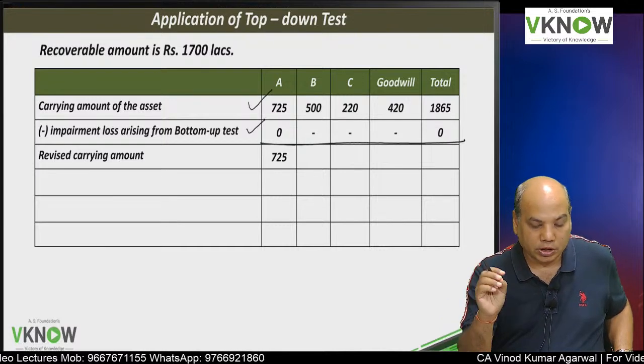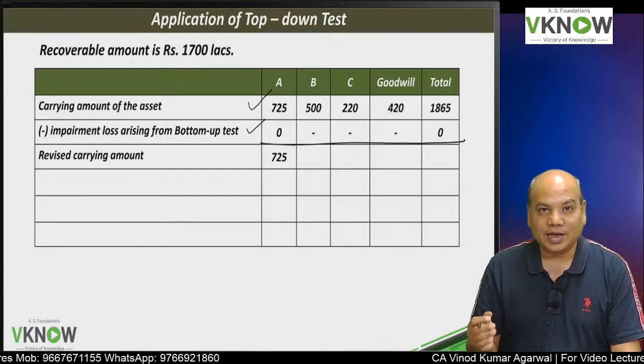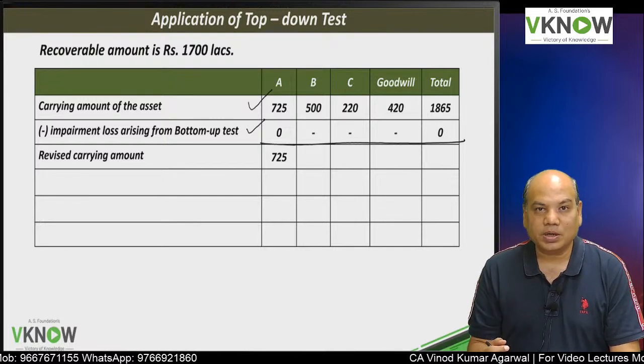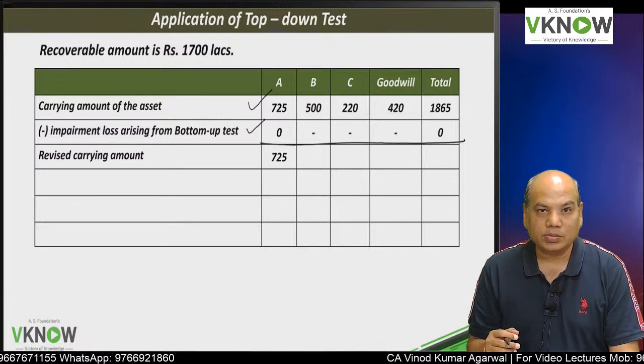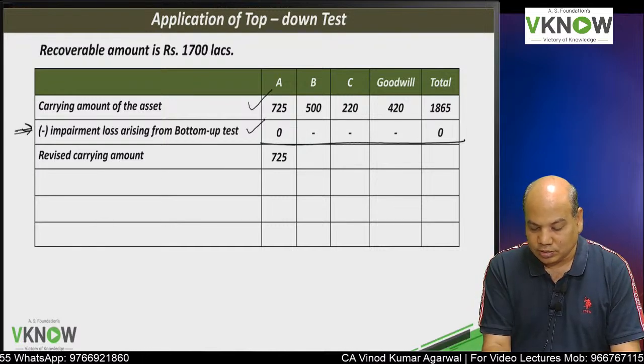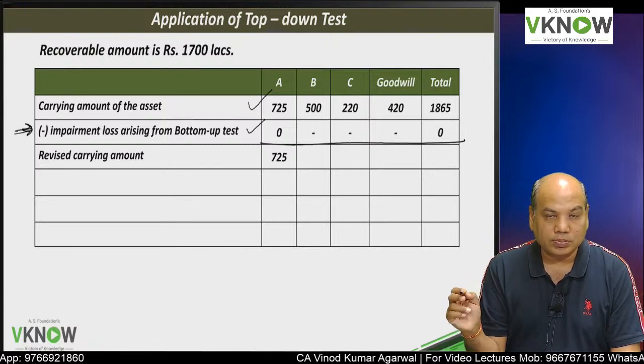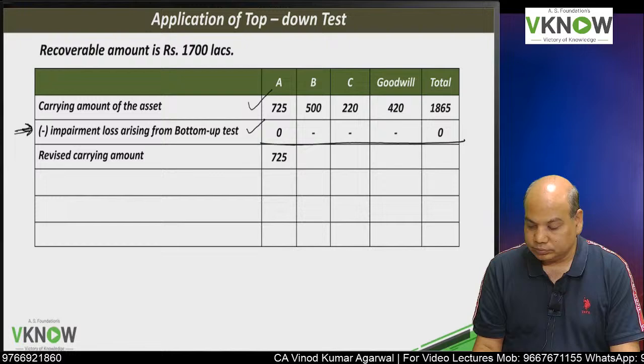In this problem there is no impairment loss under bottom up test, but there can be. So I have made the provision for that line in case in your exam there is a loss in bottom up test, deduct it.